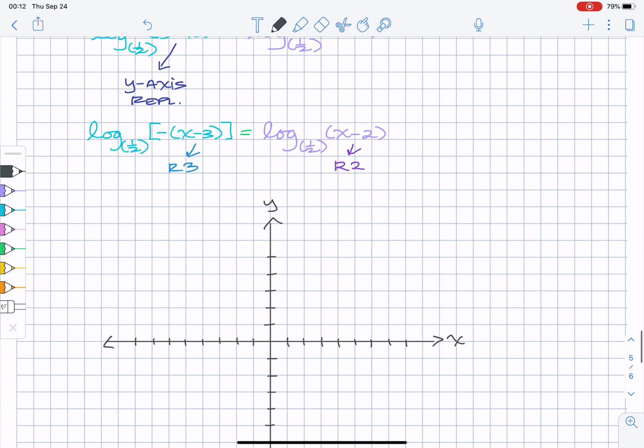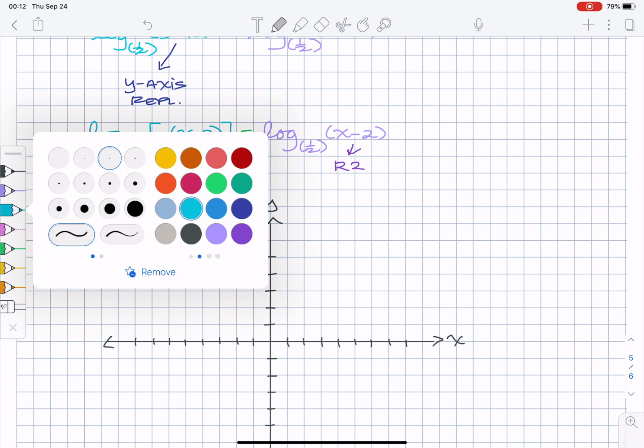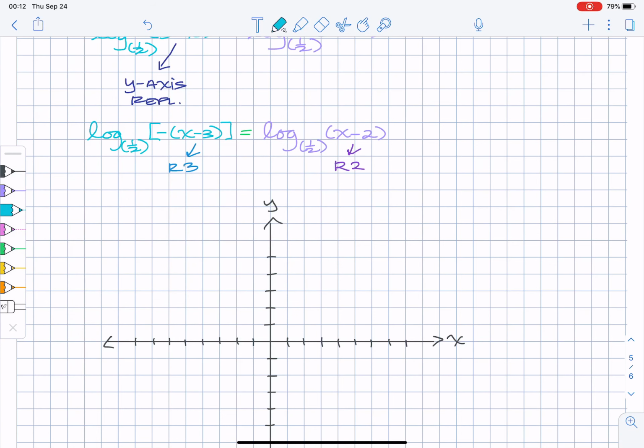Okay. So let's first look at the original graph of log base 1/2 of x. Wait, I'm doing this the wrong way, sorry.